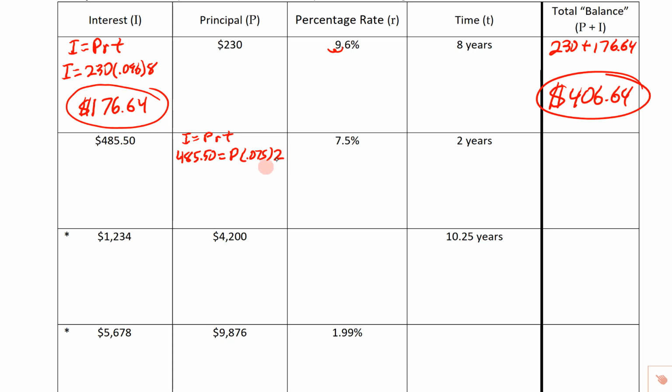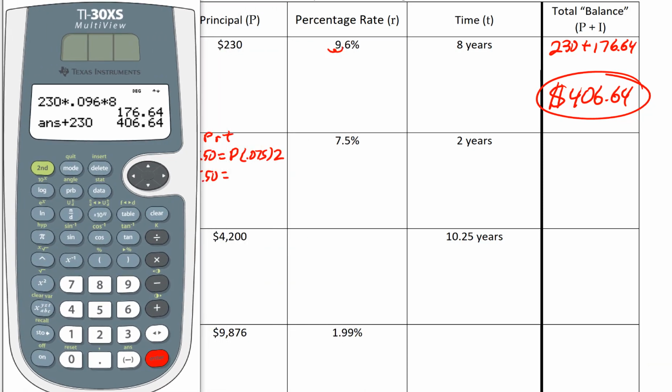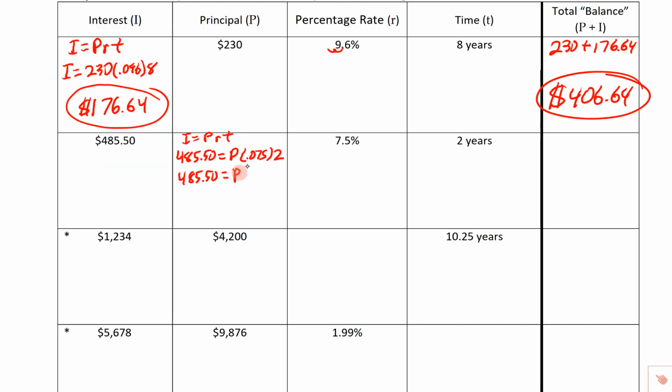Now, if you would like to, you can multiply those together. So I'm going to do this, 485.50, and then I'm going to multiply these together, and we're going to end up with, let's see what we get, 0.075 times 2. You might already know what it is, 0.15. So P times 0.15, and then we're going to divide both of these by 0.15.